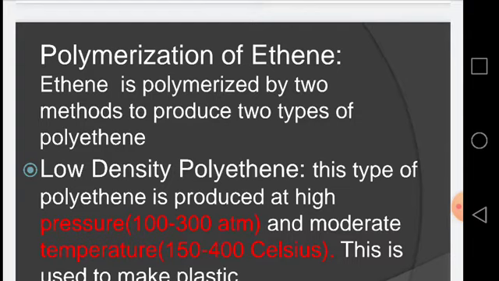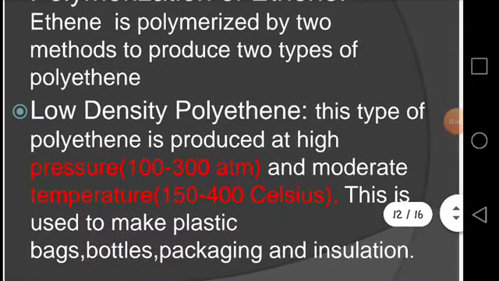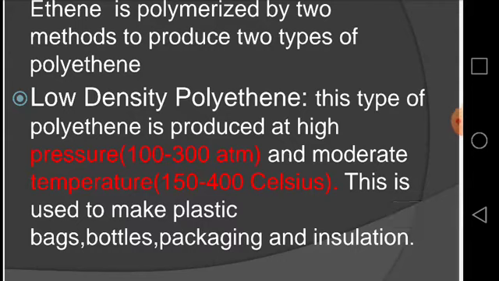One is to produce low density polyethylene. This type of polyethylene is produced at high pressure, about 100 to 300 atmospheric pressure, and a moderate temperature of 150 to 400 degrees Celsius.